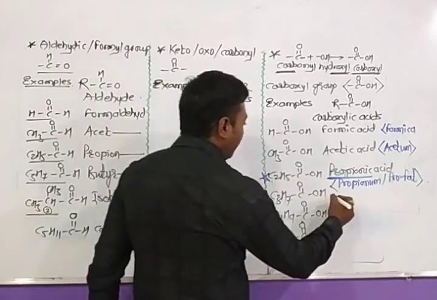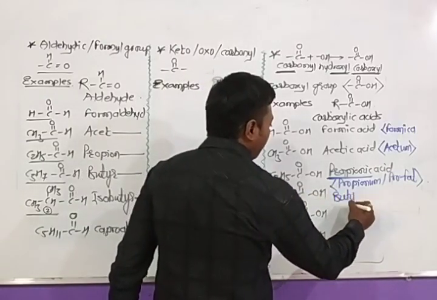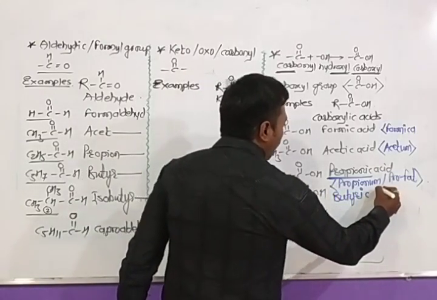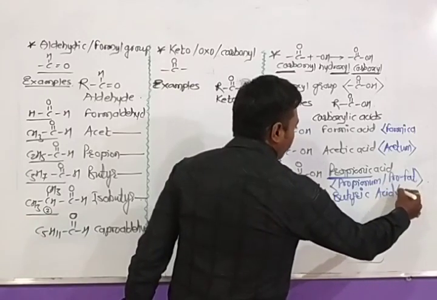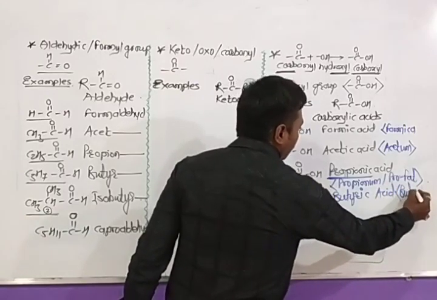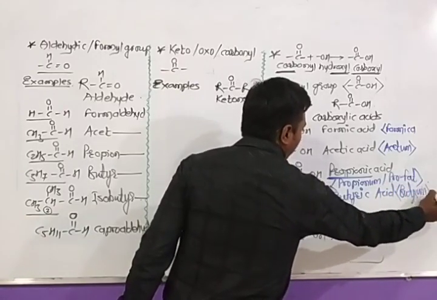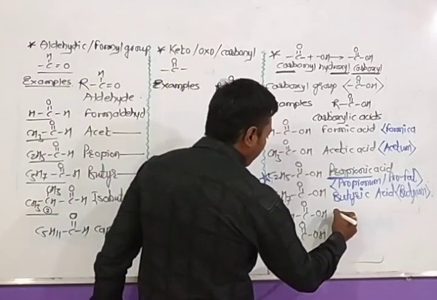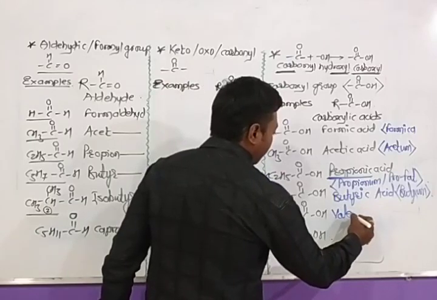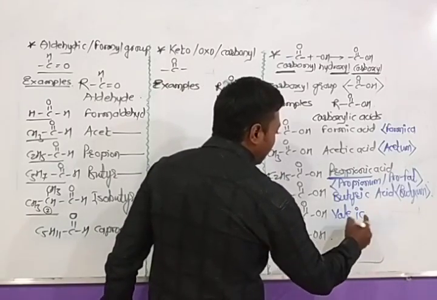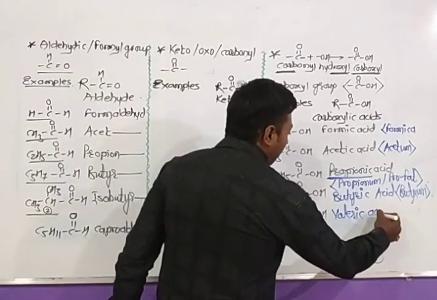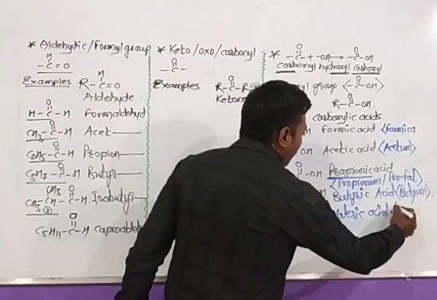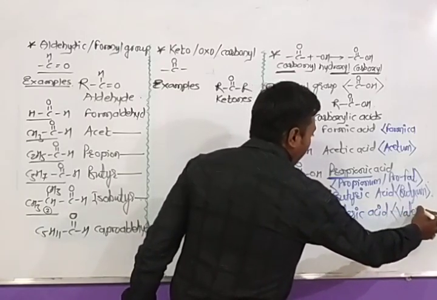Similarly, the next one is butyric acid. It gets its name from butyrum, that is butter. Okay, next one is valeric acid. This acid gets its name from valerian.